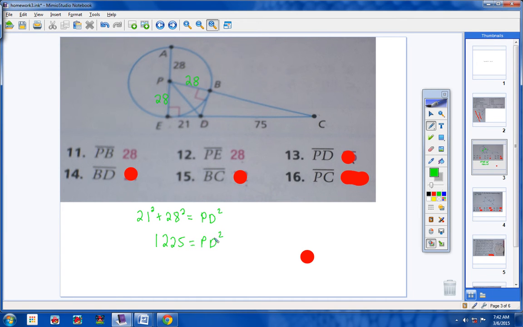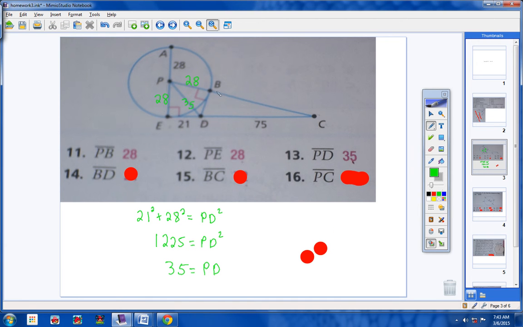Now take the square root of both sides, and you're going to get, well, I just messed that up. Hold on one second. You're going to get 35, okay? So 35 is the entire length of PD. So let's put that on here. 35. Alright.